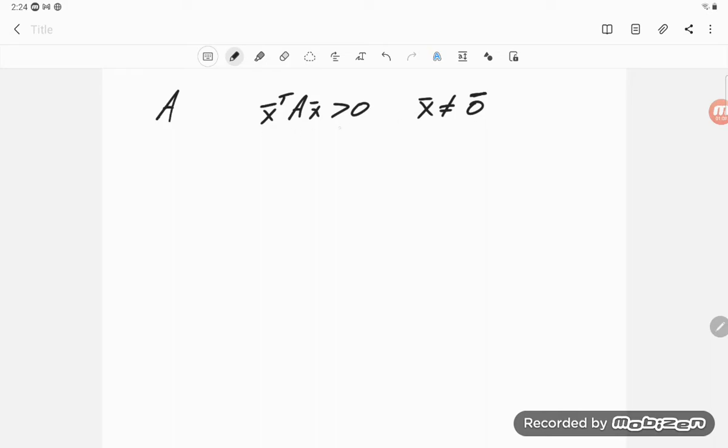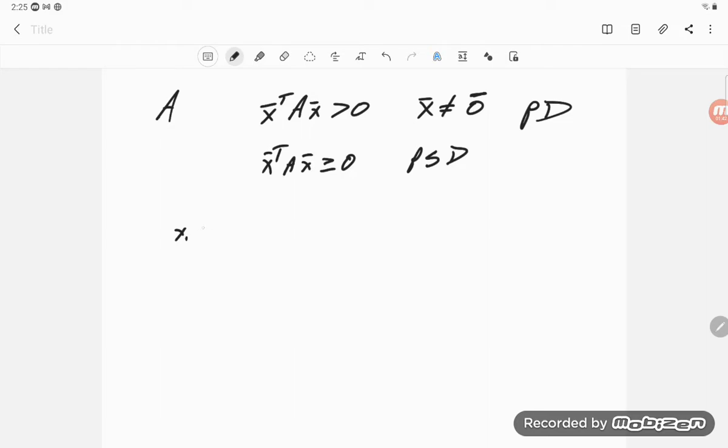So you've got that, and that's positive definite, and then positive semi-definite would be the case where x could be equal to 0. But again, if we look at a 1-by-1 case, it means I would have some x1.